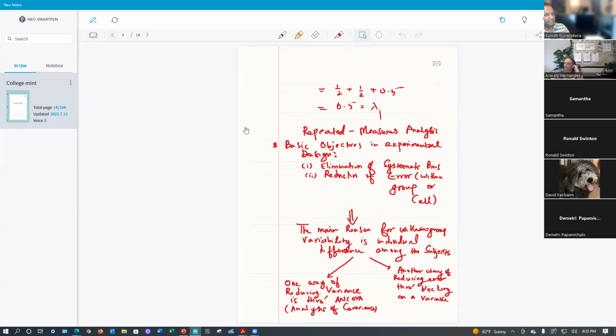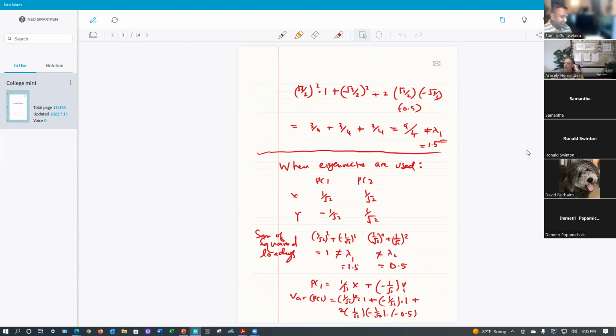here I'm using eigenvectors. Sometimes we get eigenvalues here, sometimes we don't.